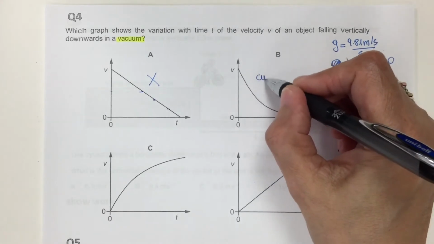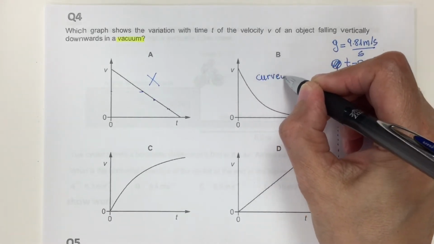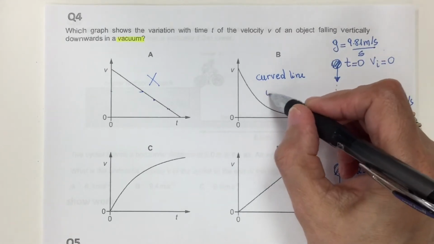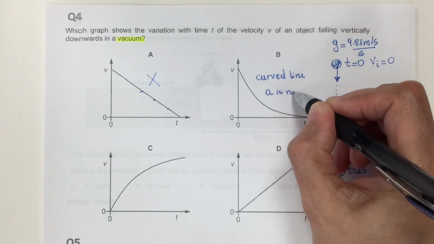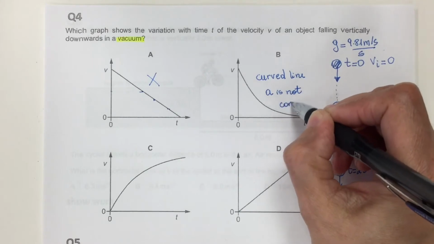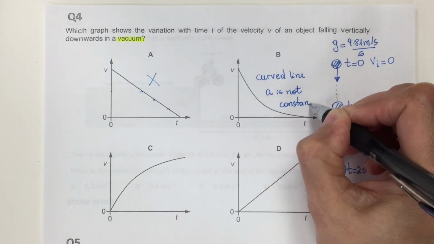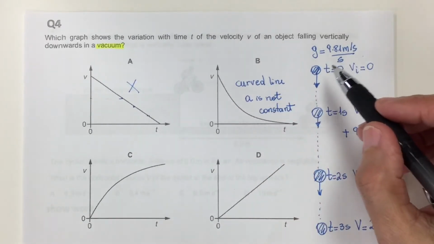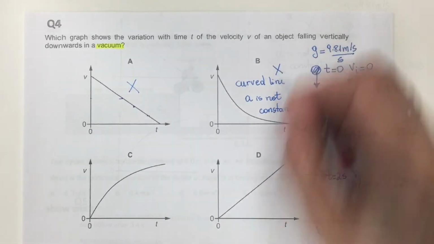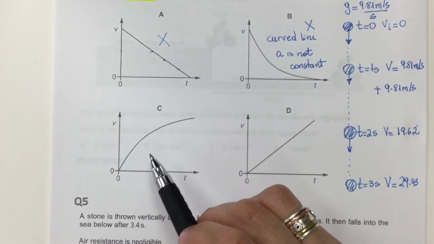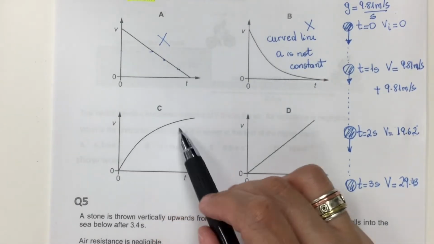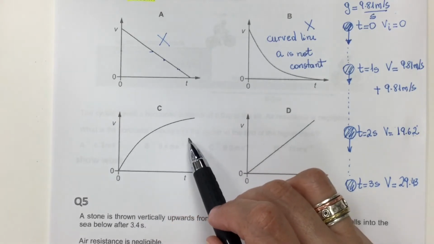So this is a curve. This is a curved line. It indicates the acceleration is not constant. So this is incorrect because acceleration is constant. The acceleration acting on the object here is not constant because it's a curved line.